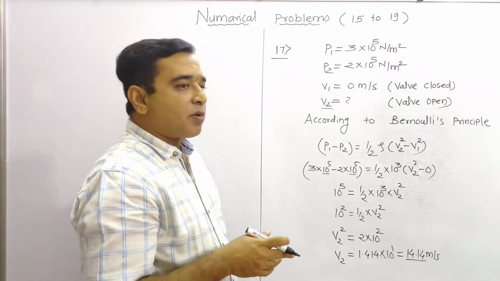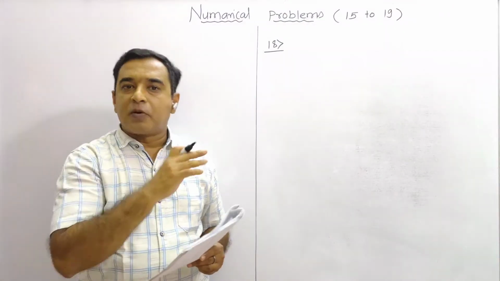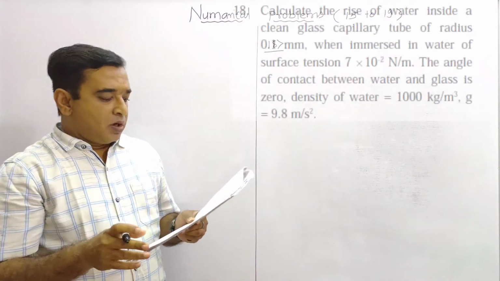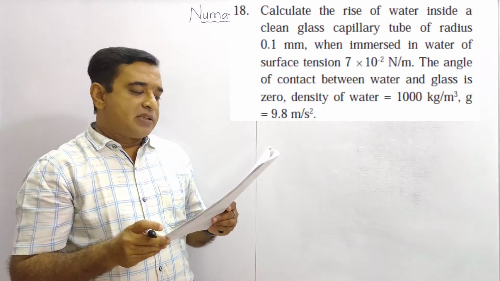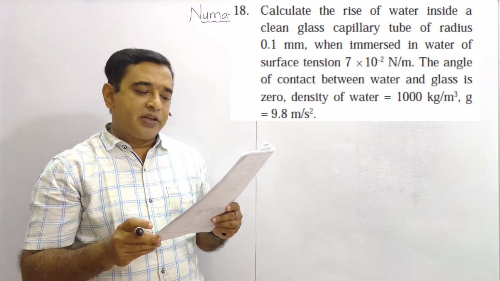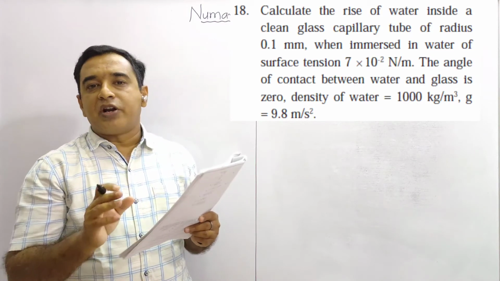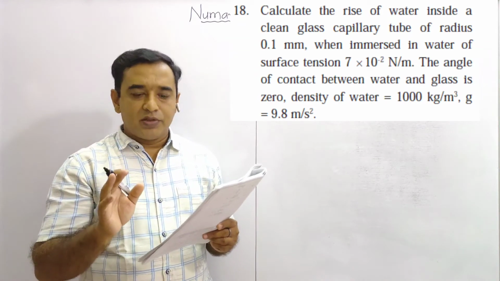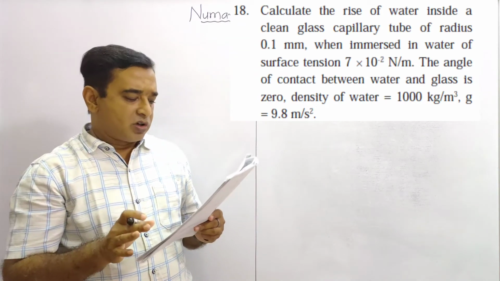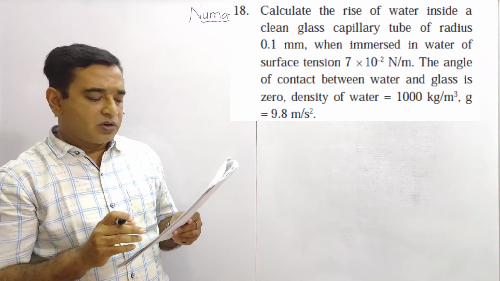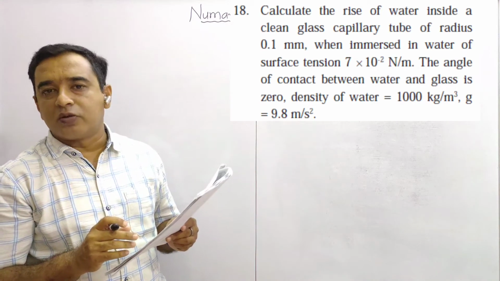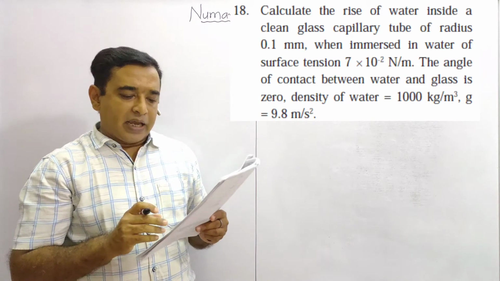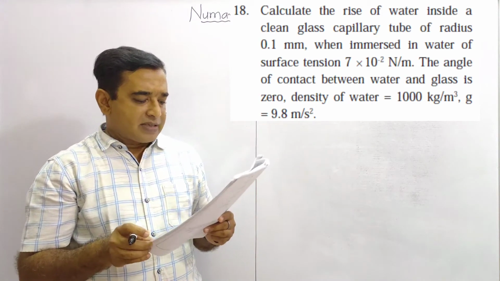This is your 17th problem. Let us take problem number 18 now. Calculate the rise of water inside a clean glass capillary tube of radius 0.1 millimeter. You will have to observe the units of each. When immersed in water of surface tension 7 into 10 raised to power minus 2 Newton per meter, the angle of contact between the water and the glass is 0.